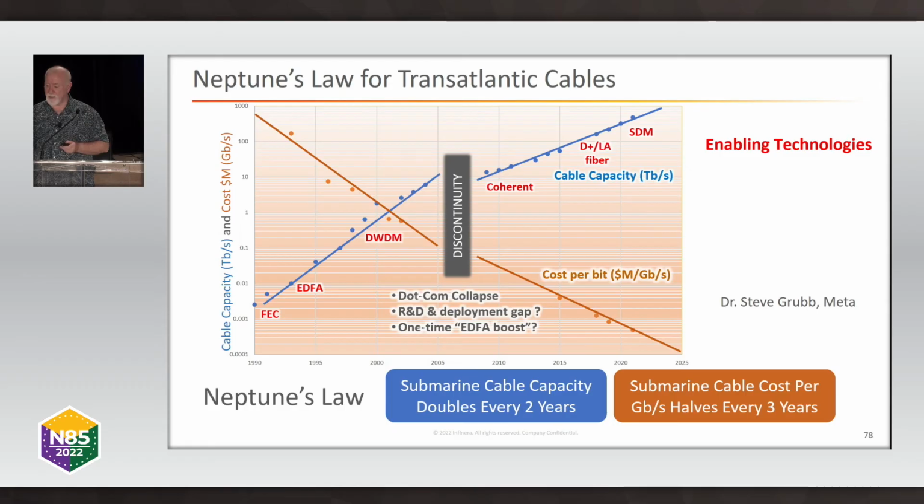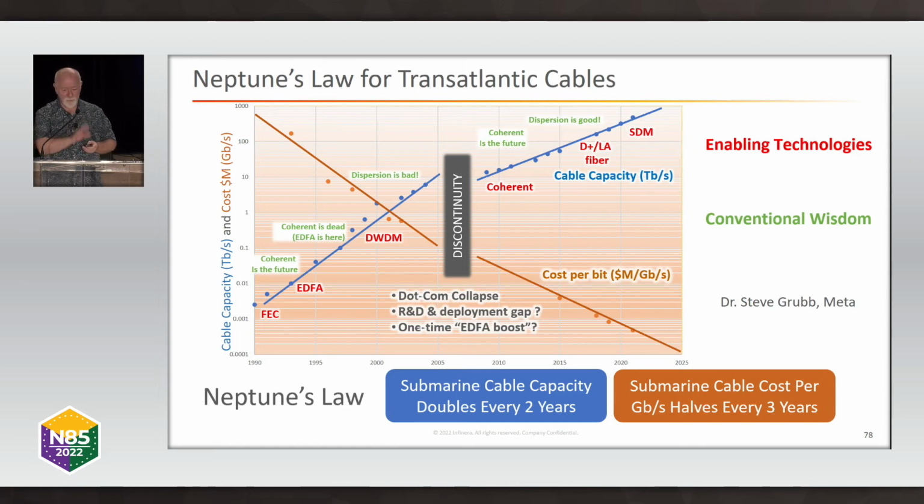But there's also a slightly whimsical progression here of conventional wisdom. At the beginning, the far left, it shows coherent is the future. But that wasn't the coherent that we know today. It was using coherent as a low noise amplification technology.